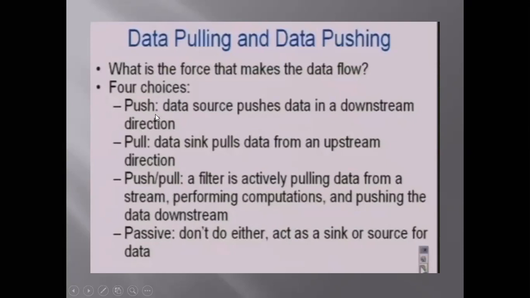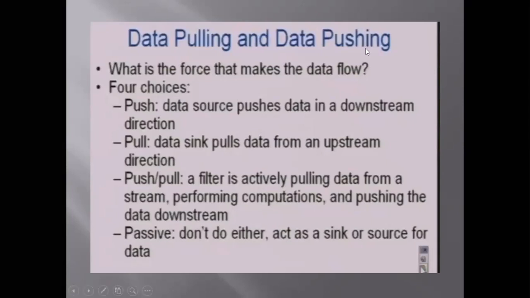Whenever there is a push, the data source pushes data downstream. You can imagine that a push goes from one filter to another filter. And whenever there is a pull, it takes data from filter one and passes it to filter two. You can imagine how this push-pull model works.